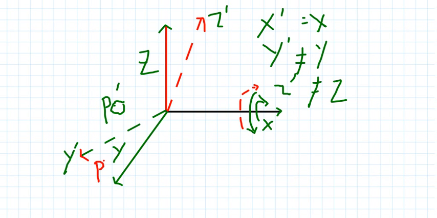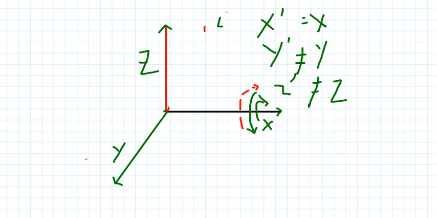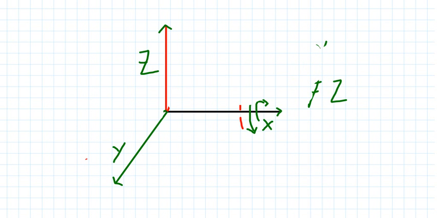Now you can do the same thing with y and z coordinates also. So to do y-axis rotation, you have to use the y-axis as a screw, and you have to rotate, getting hold of the y-axis, either in clockwise direction or in anti-clockwise direction, this one.